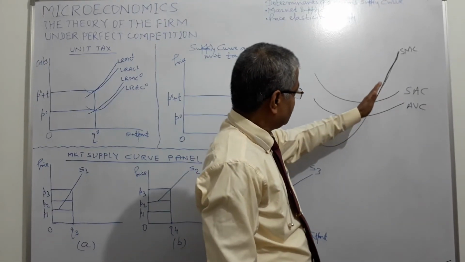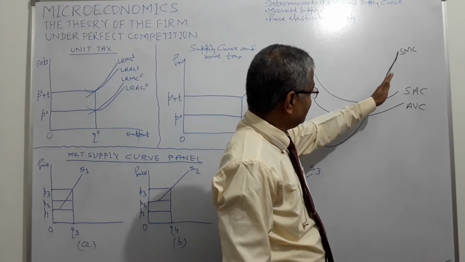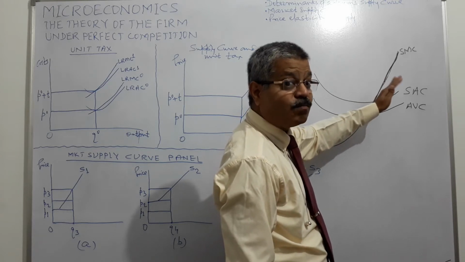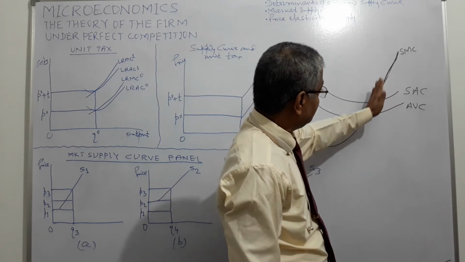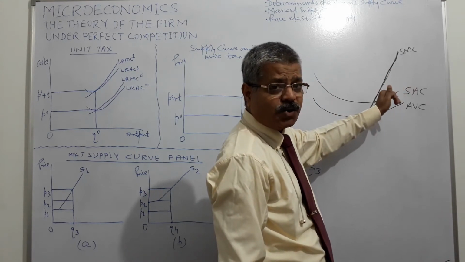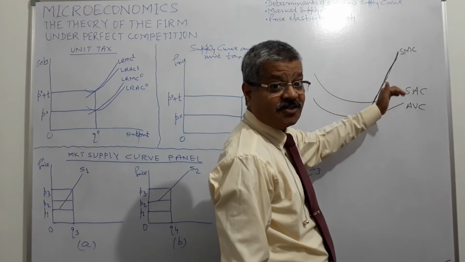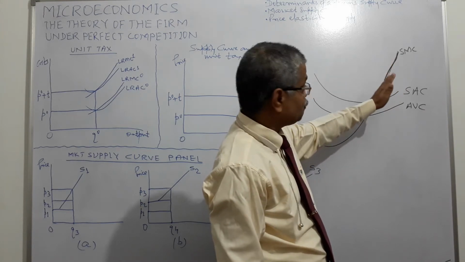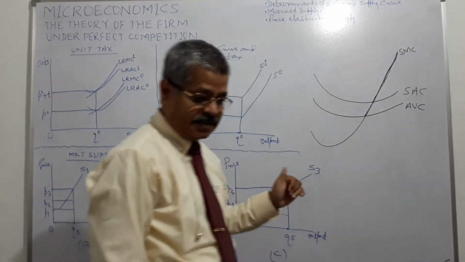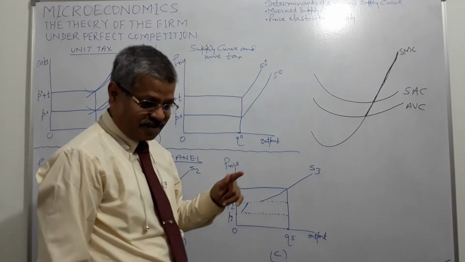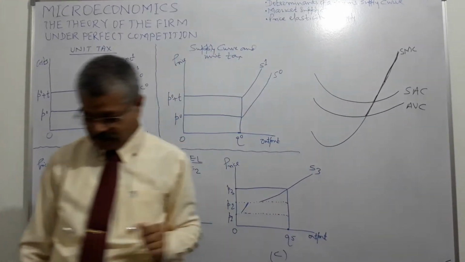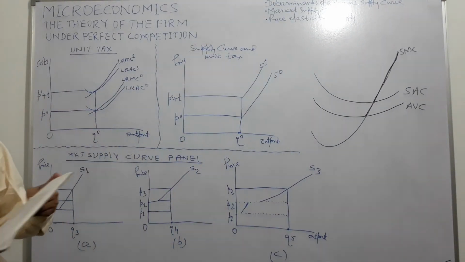It means at that particular price, the firm will be able to supply more goods when it shifts rightward or downward on account of decline in marginal cost. If marginal cost goes up, it will shift leftward or upwards, indicating that at any particular price level, the firm will be able to supply less. That we had seen.